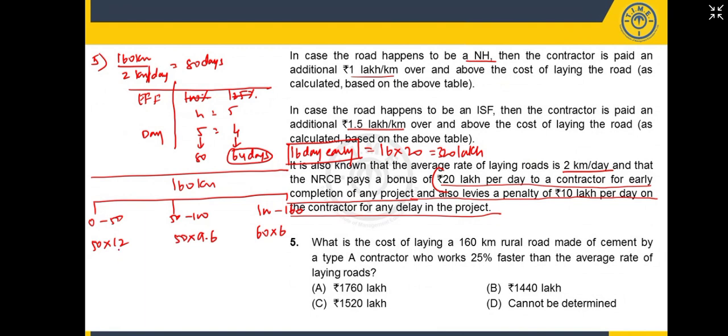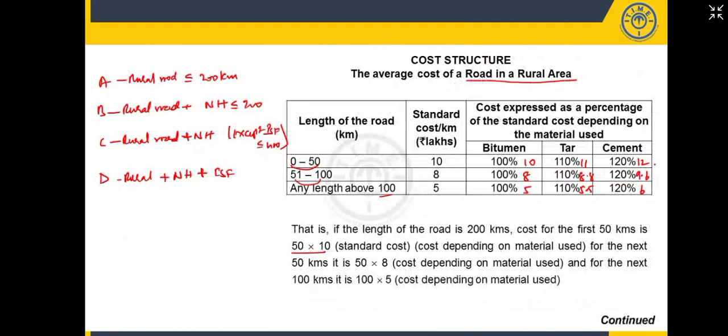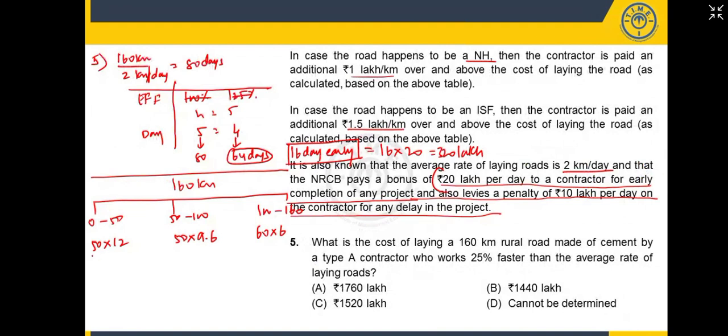So 50 into 12, because it is a cement road. These are the costs of cement I need to apply. Up to 50, 12 rupees, then 9.6 rupees, then 6 rupees. So I broke the 160 into these parts. So 12 into 50 is 600. 50 into 9.6 is 480, and this is 360.